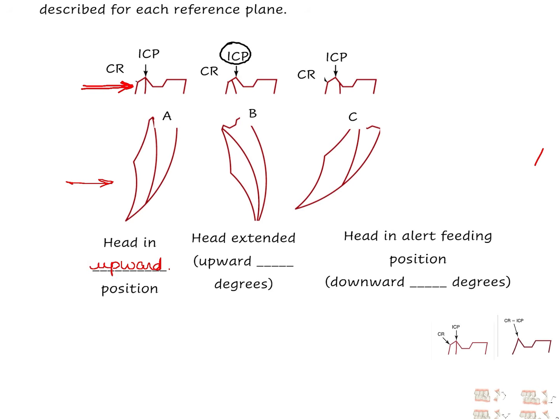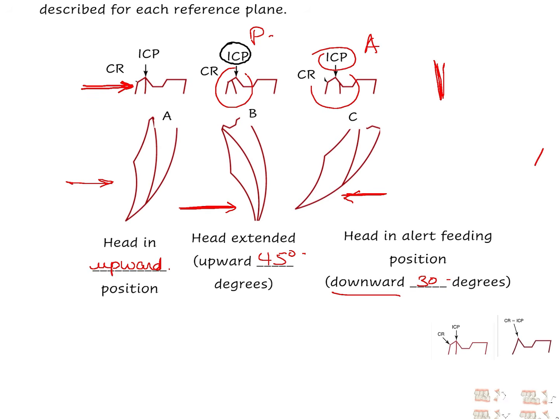But if your head is extended behind at a 45-degree angle, then the tracing will appear a little different. Even when you are in head down position at a 30-degree angle, the tracing will appear different. Now, what is the difference? If you look at this portion, there is this one line which is posterior here and which is anterior here in comparison to the ICP, right?